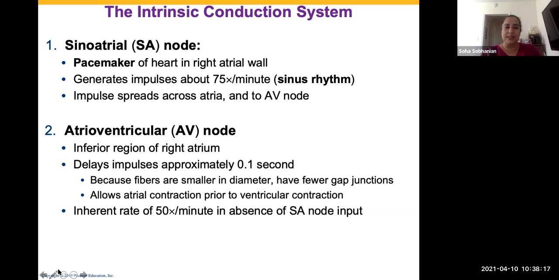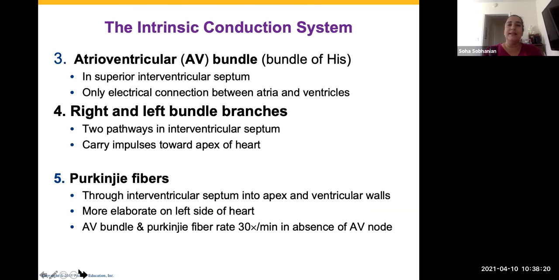You kind of go through this, guys. If AV node is absent, then the responsibility gets passed to the AV bundle, then the left and right bundle branches, and eventually Purkinje fiber. Please do note, though, that when the responsibility falls to these last three, usually the heart rate is way too low, and that means you will not be able to circulate the blood effectively for you to actually survive.